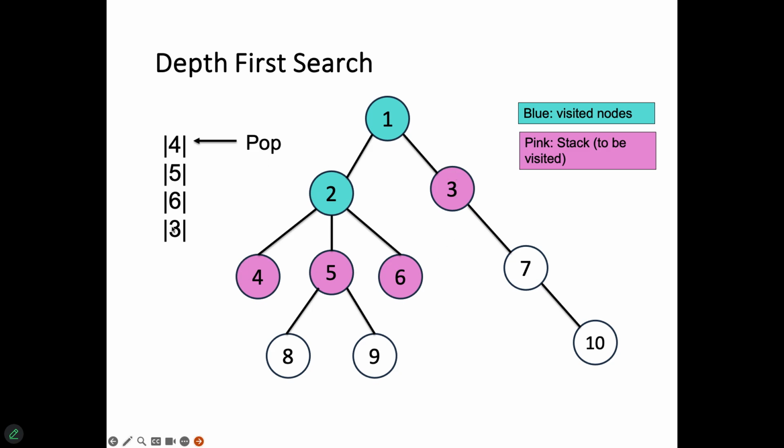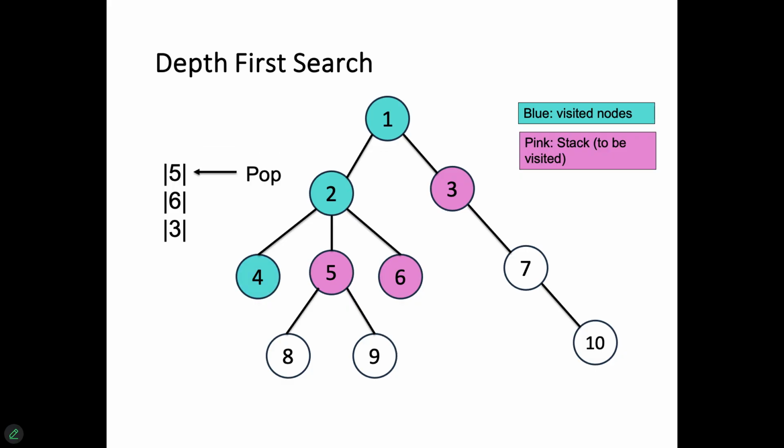So 3 was the first one, right here. And then I added from right to left. As I mentioned, you may add from left to right. But here I added 3, then 2, 6, then 5, then 4. So this is my stack. So 4 was added the latest. So we are going to pop 4 first.